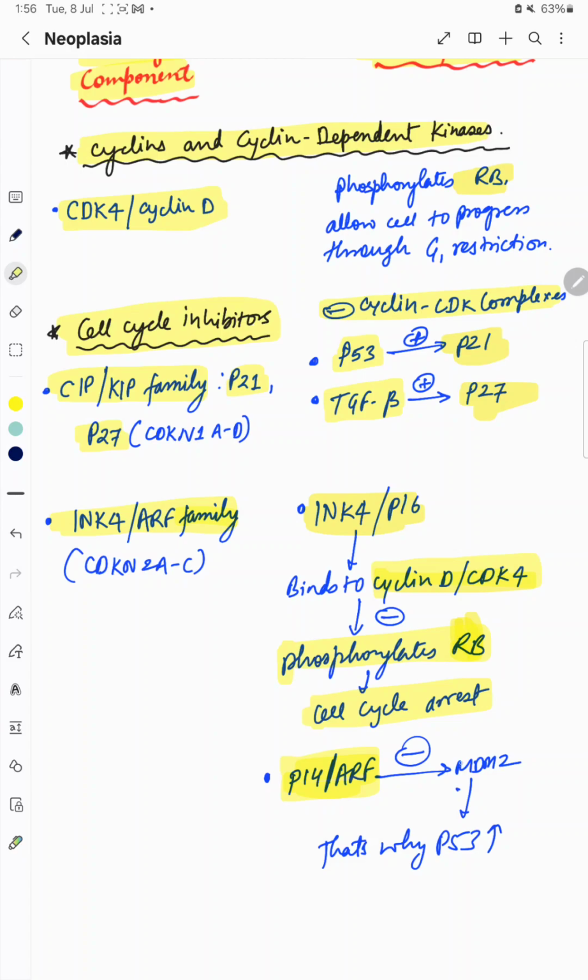They inhibit MDM2. MDM2 basically decreases the level of P53. So due to the inhibition of MDM2, there is increased availability of P53. P53 regulates cell proliferation and inhibits cell cycle progression.